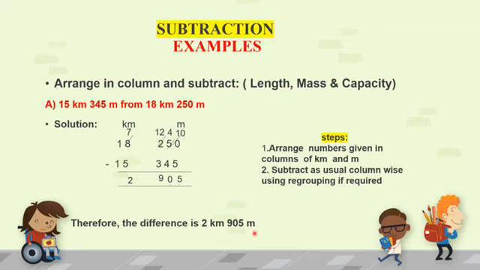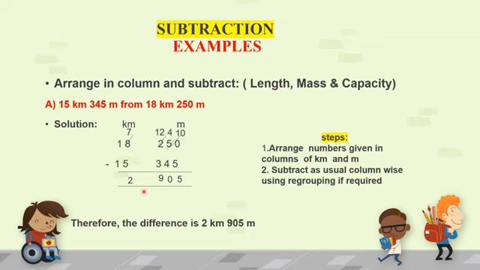So, whenever we find regrouping, what do we do? We borrow from the next neighboring number, next place. Just simple subtraction as you do for other numbers.